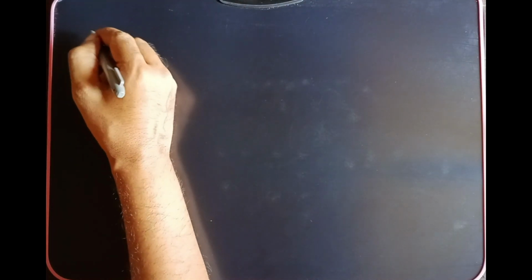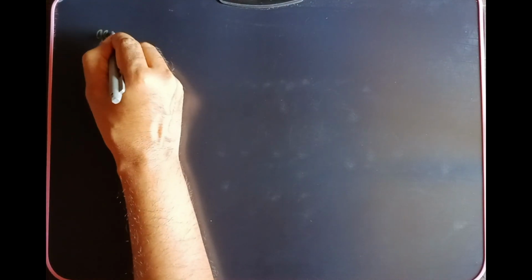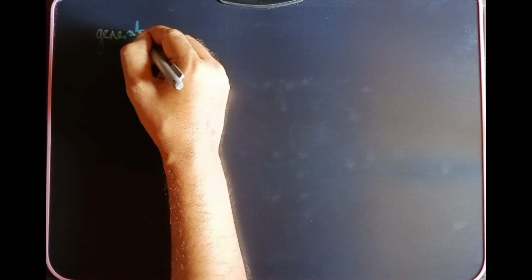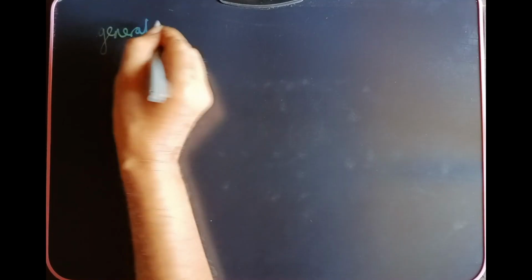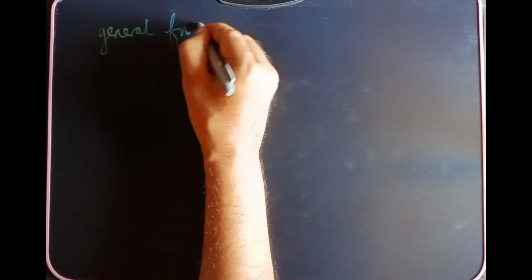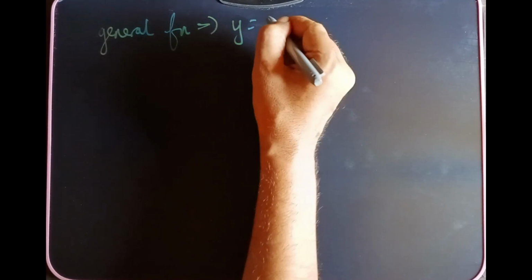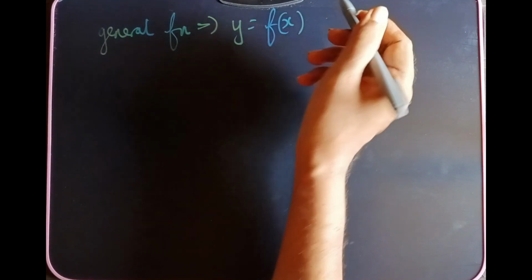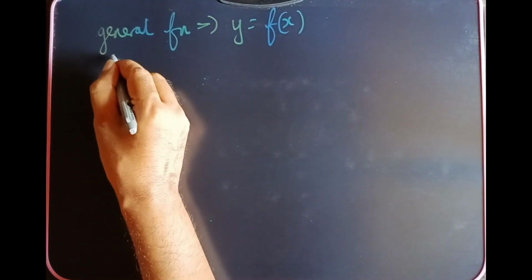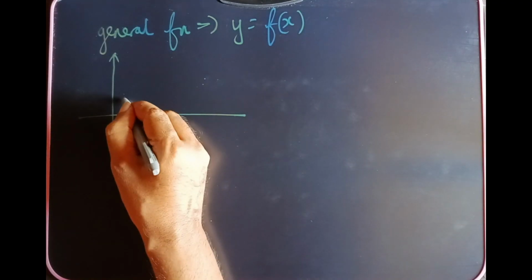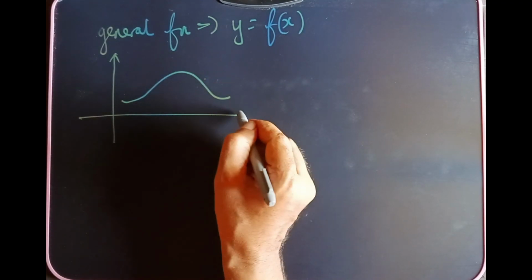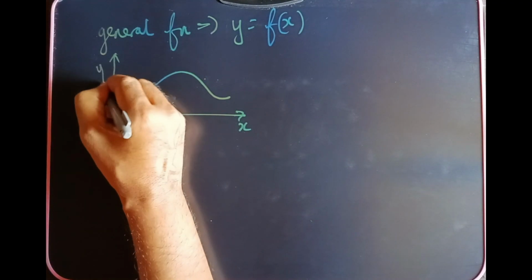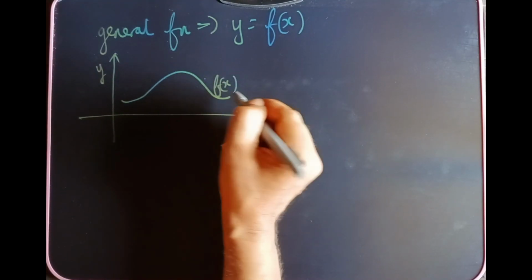So we have a general function, y is equal to function of x, whose graph is given like this. This is the x-axis, this is y, and this is the function.